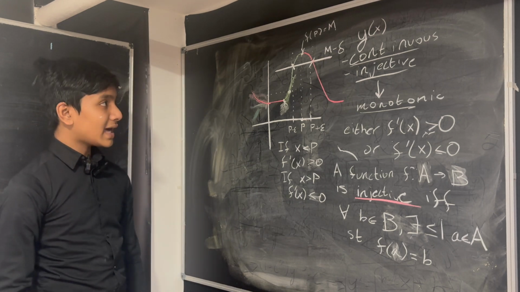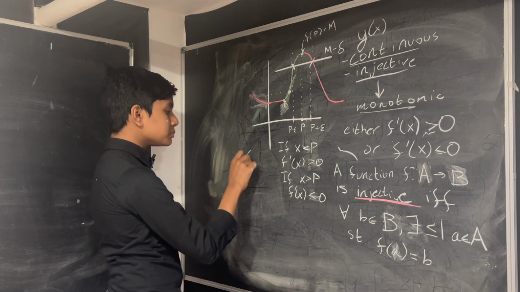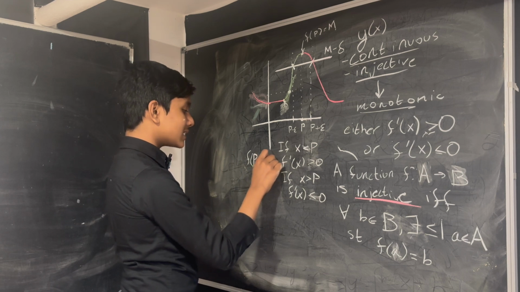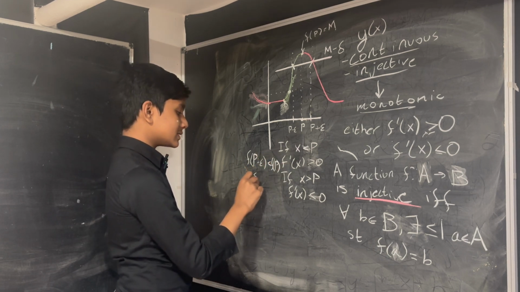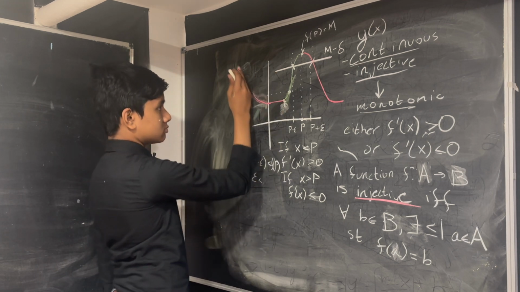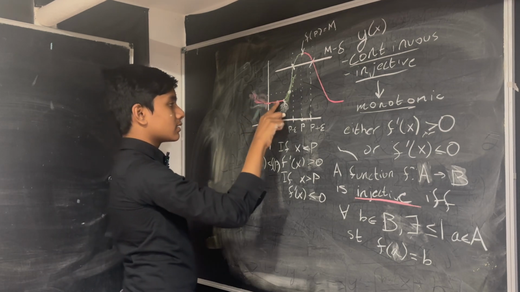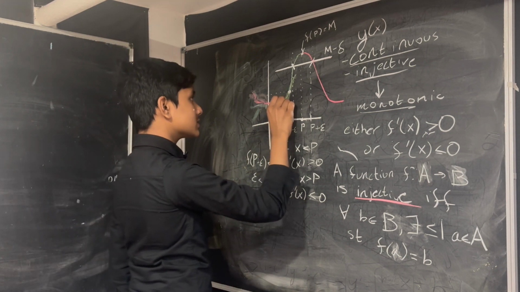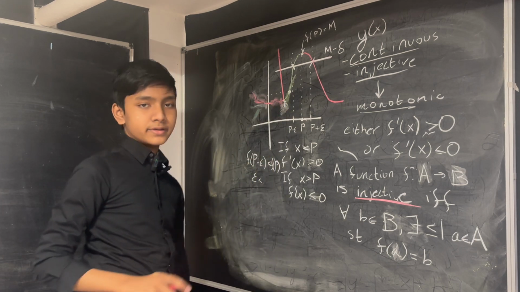So what does that mean over here? That means that f of p minus epsilon for some range has to be less than f of p for epsilon less than a certain amount. In this case over here. Well, technically it has to go up a little bit further, but we could just say, for example, it somehow decides to skyrocket right over here, in which case this is our last possible point.